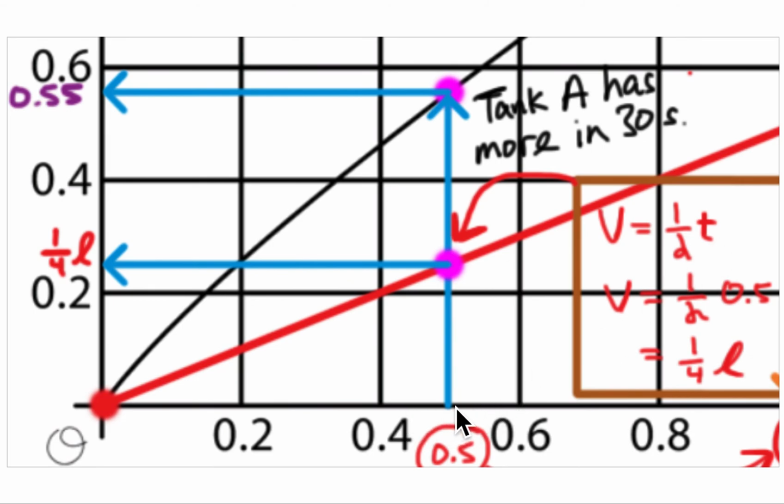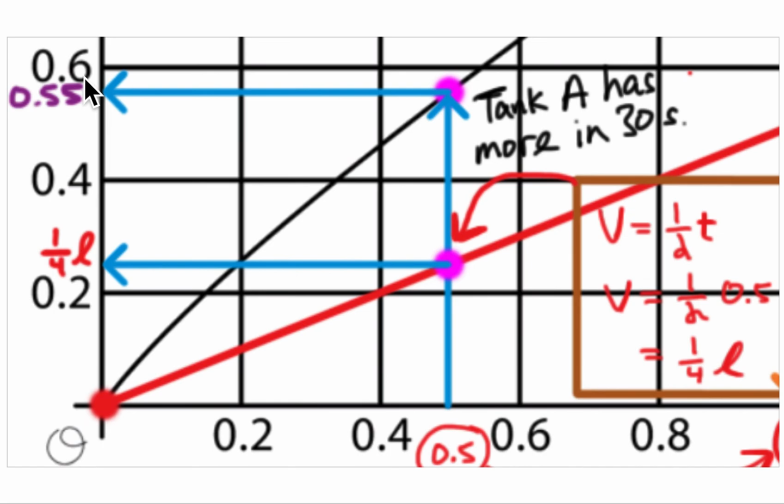So if the time is half a minute, that means the volume is half of that half, which is 1/4. So it's 1/4 of a liter in 1/2 of a minute. And tank A does not follow an equation, or at least an equation is not given to you. So you just look at a half a minute, and it has more than half of a liter. It has about 55 hundredths of a liter.